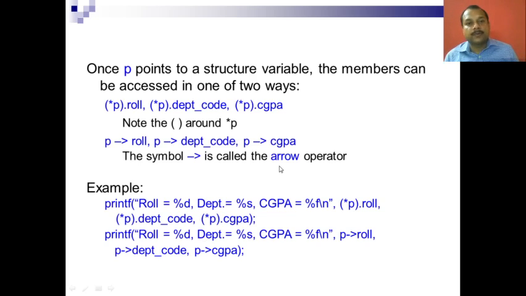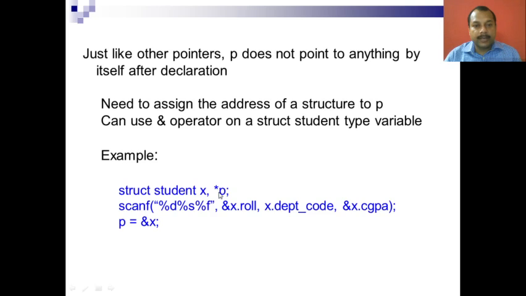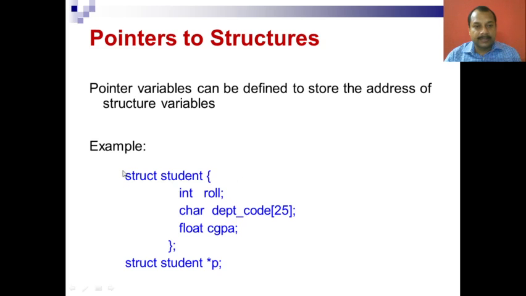If I store that, then I will introduce one more operator, the arrow operator. What is this arrow operator? Here the name of the structure is struct student, with members int roll, character department code of size 25, and float cgpa.